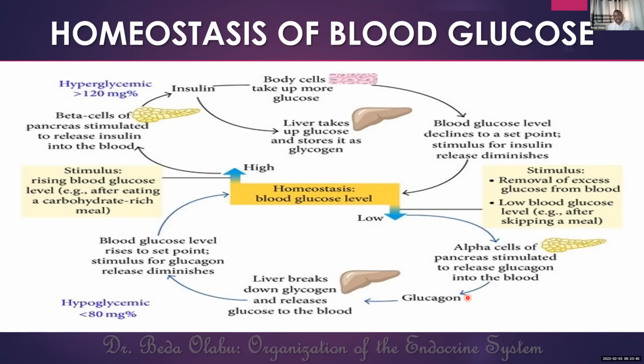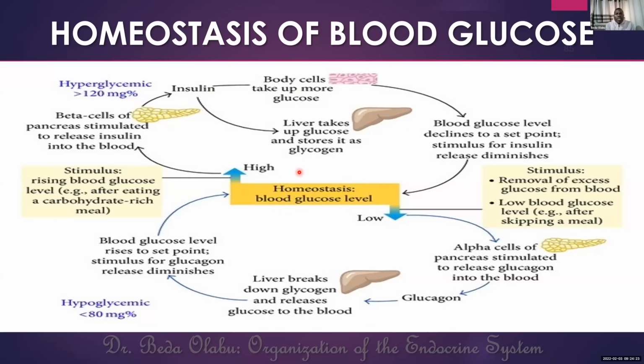Glucagon now elevates sugar levels, again through multiple mechanisms, largely promoting breakdown of glycogen to glucose, but it may also be promoting gluconeogenesis. So with those mechanisms, the sugar levels will be restored to a normal level. That is how blood sugar is controlled.